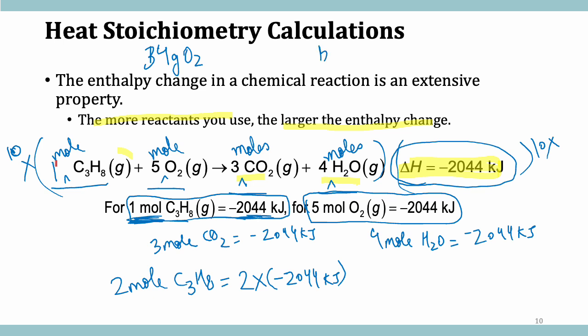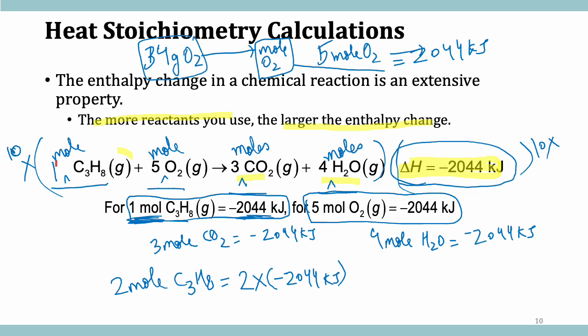I know for every 5 moles of oxygen, the heat is negative 2044 kilojoules. So if I know how many moles of oxygen I have, I can convert grams of oxygen into moles of oxygen. If I know moles of oxygen, I can use this conversion factor and convert it into the heat that is released by oxygen, right?